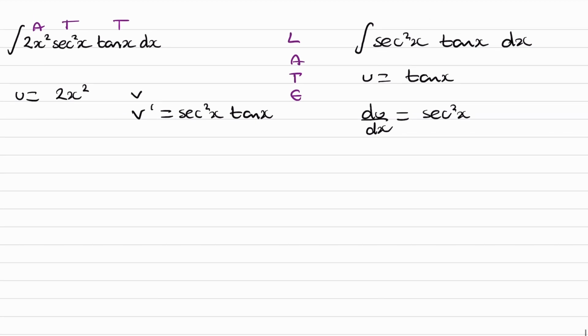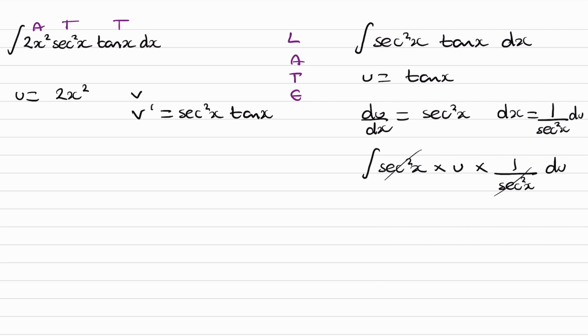So let's do that. This becomes the integral of sec squared x, the tan x becomes u, and the dx becomes, I'm just rearranging this actually, dx is equal to 1 over sec squared x du. So times by 1 over sec squared x du.